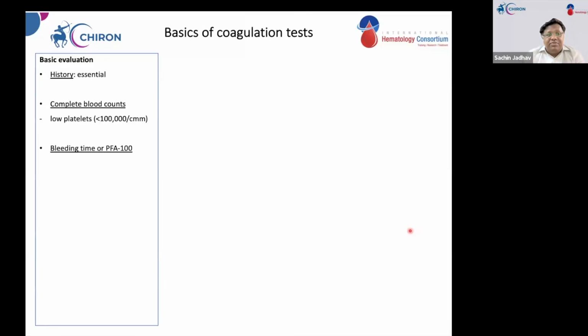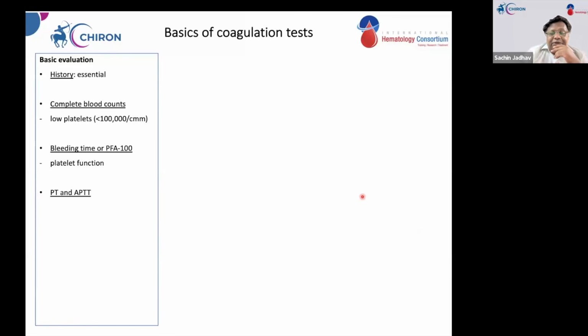However, there are always patients where the number may be good, but the platelets may not be working. Like I said previously, we have to do a bleeding time, or there are several newer instruments, one of them being PFA-100, which give us a more accurate screening test for platelet function. Remember, these are only screening tests, okay?